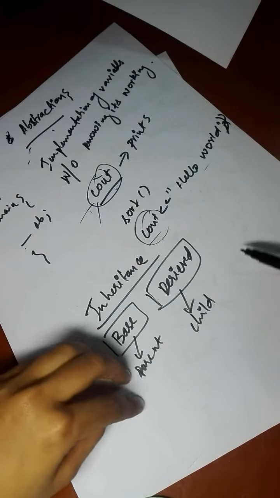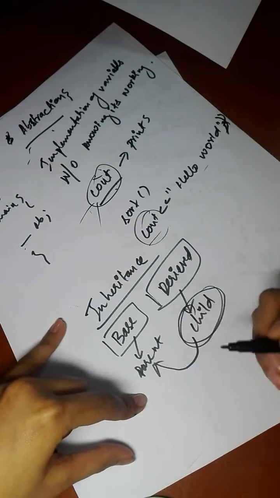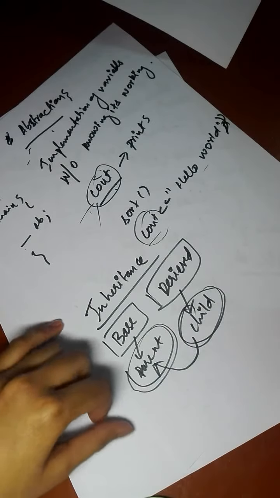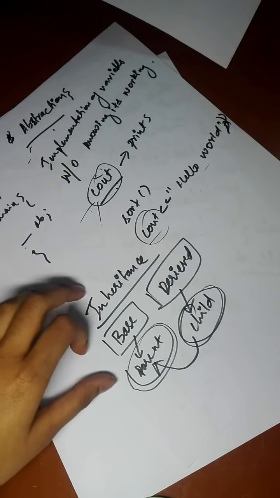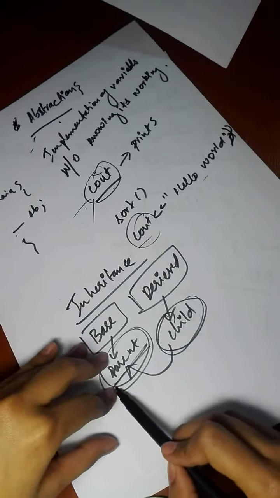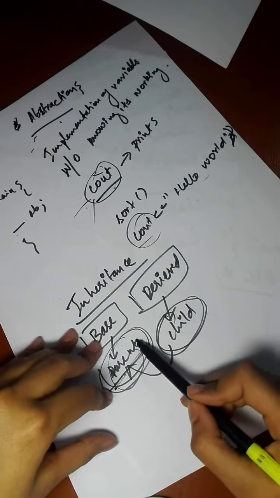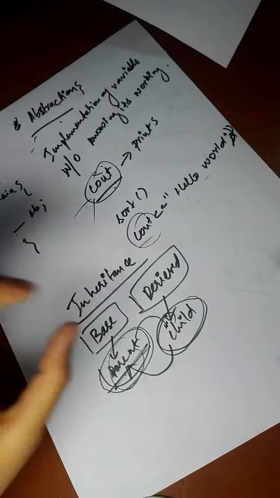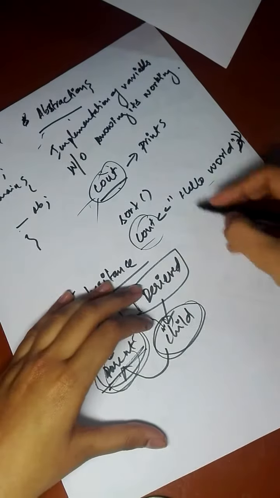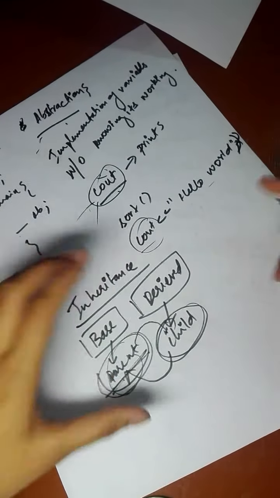This child class inherits the qualities from its parent class. Whatever functions or variables are there in the parent can be inherited by the child. You can declare two different classes inheriting the same thing.